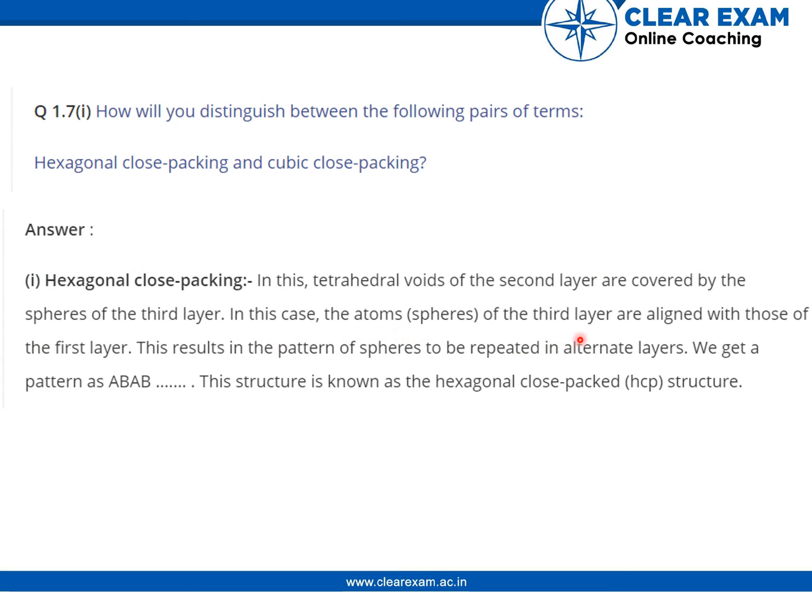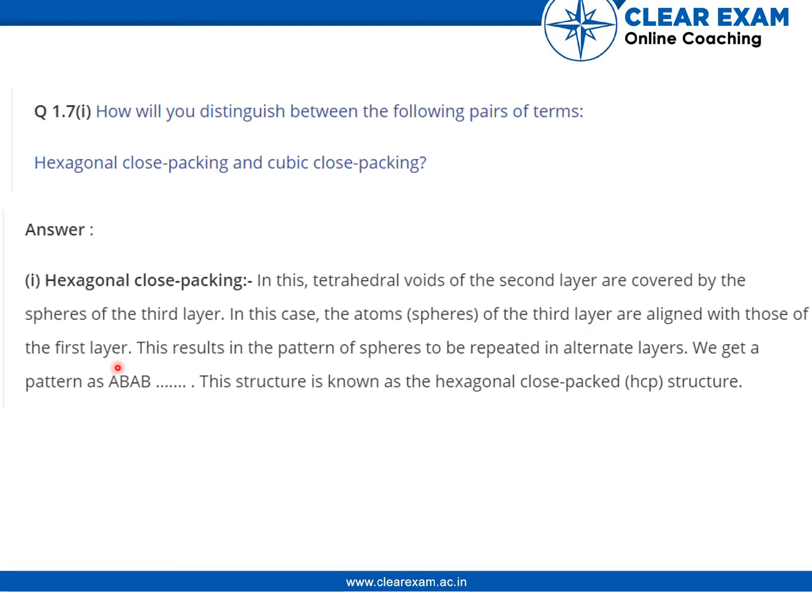So the atoms of the third layer are aligned with those of the first layer. What does it mean? It means that the third layer is similar to the first layer. So if we name the first layer as X, then the third layer also appears as X. So why not name the third layer also as X?